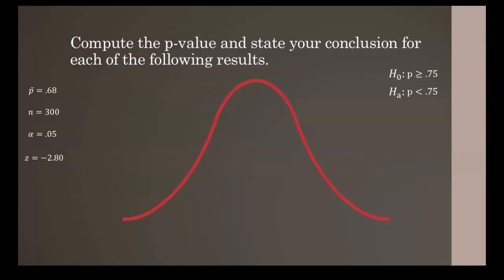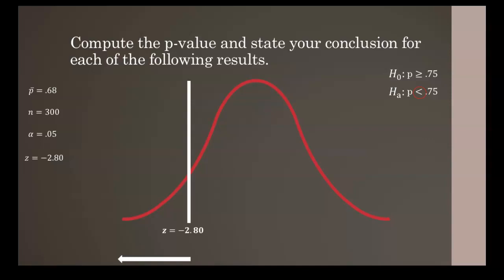Now we can draw the bell curve, and we can put our test statistic on the bell curve. Then we need to take a look at our alternative hypothesis that we have over on the right side of the screen. The sign in that alternative hypothesis is pointing to the left. That means it's a left-tailed test.